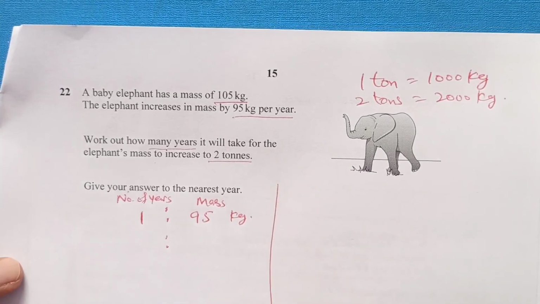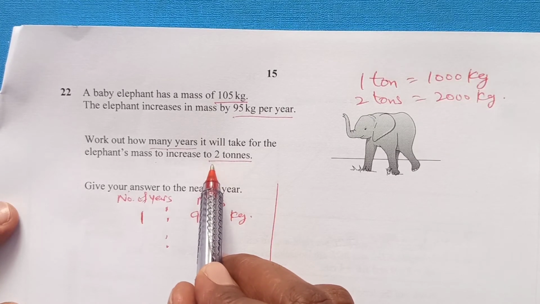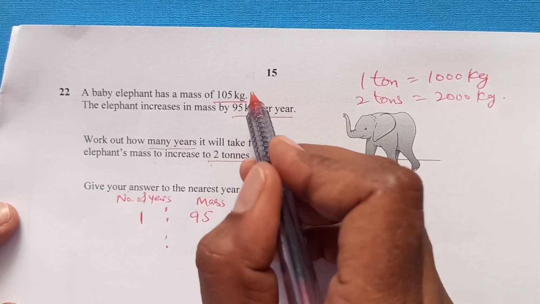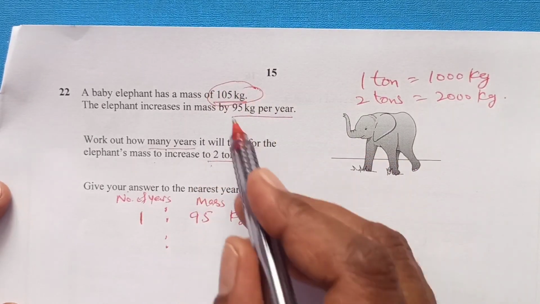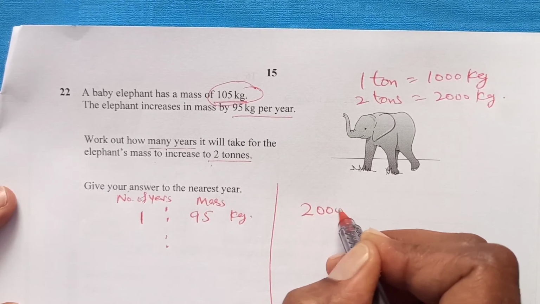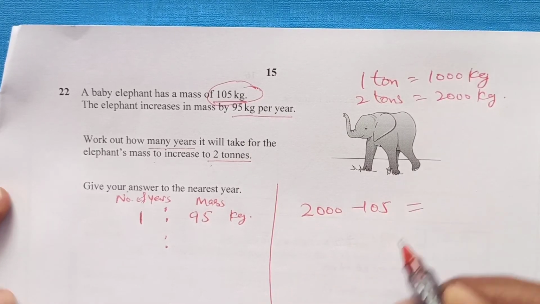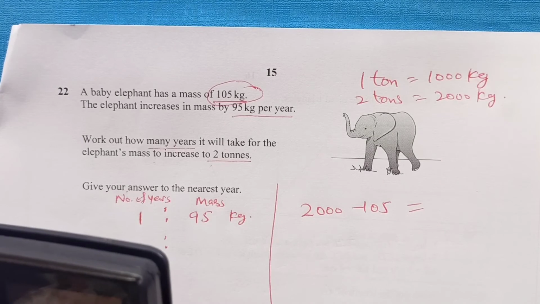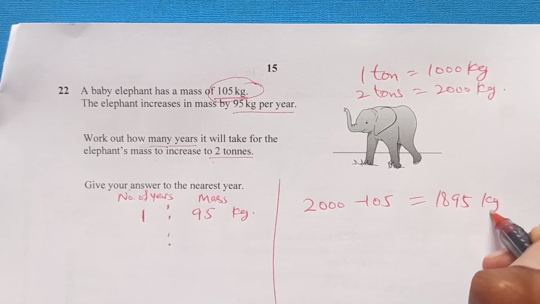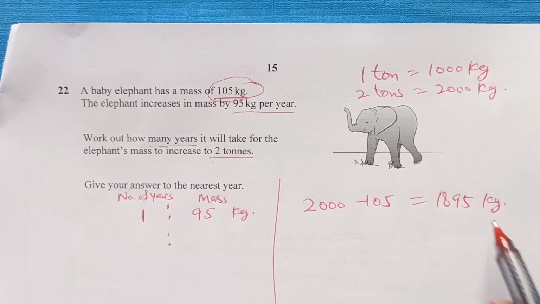So now we need the mass to be 2000 kilograms, but the elephant already has a mass of 105. So if you subtract 2000 minus 105, it is 1895 kilograms. So we need this much mass to increase.